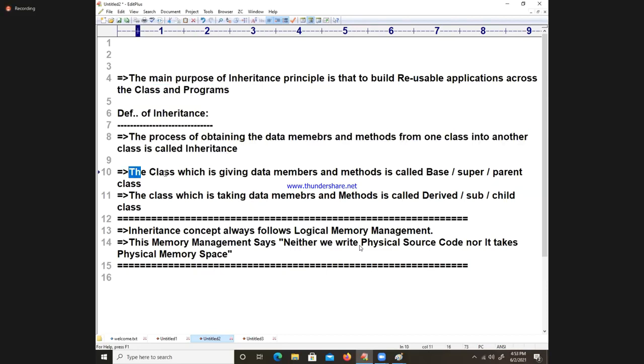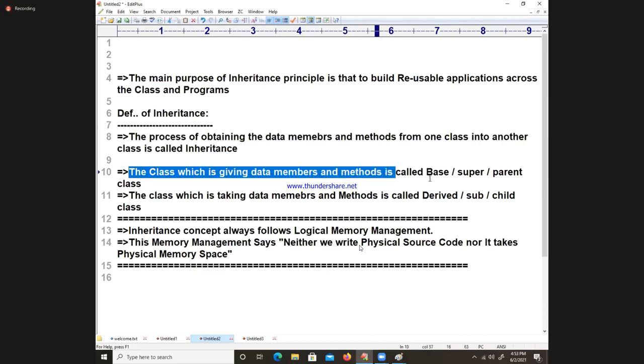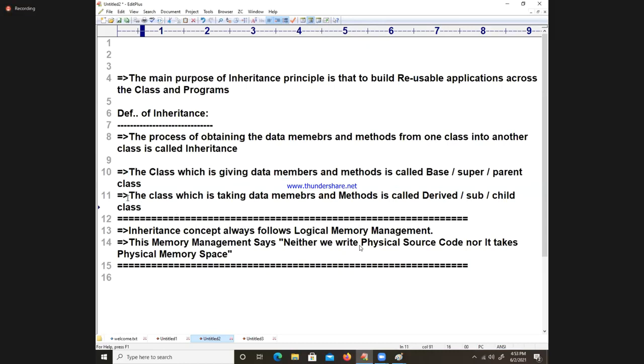The class which is giving the data members and methods is called base or super or parent class. The class which is taking the data members and methods is called the child class. Now I am going to introduce the types of inheritances.